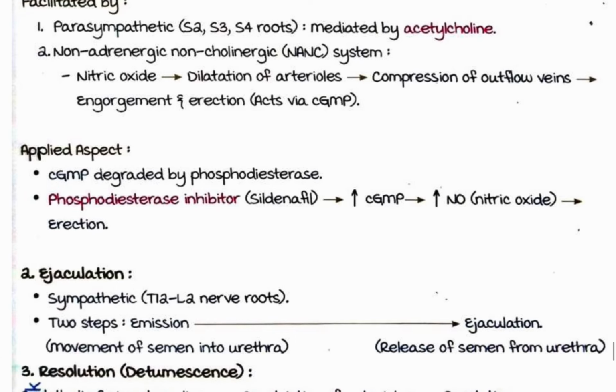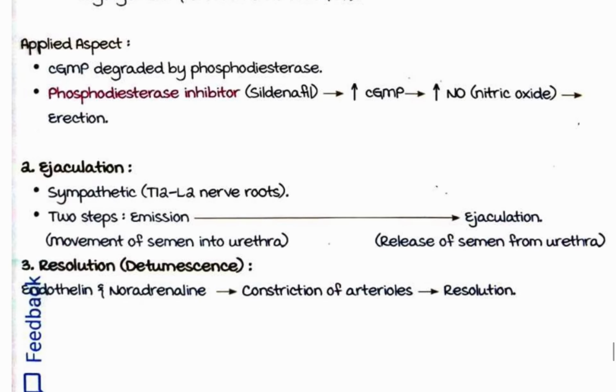Applied aspect: cyclic GMP is degraded by phosphodiesterase. A phosphodiesterase inhibitor, sildenafil, increases cyclic GMP, increases nitric oxide effect, and increases erections.